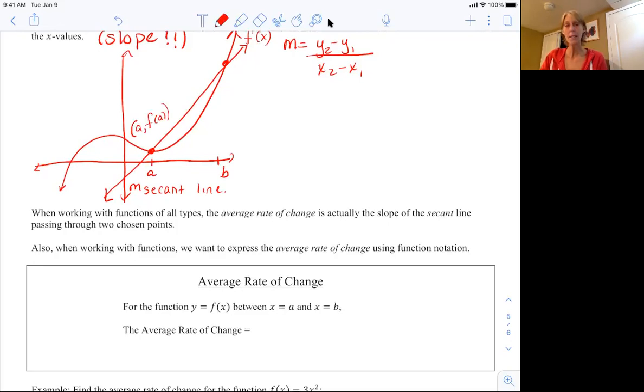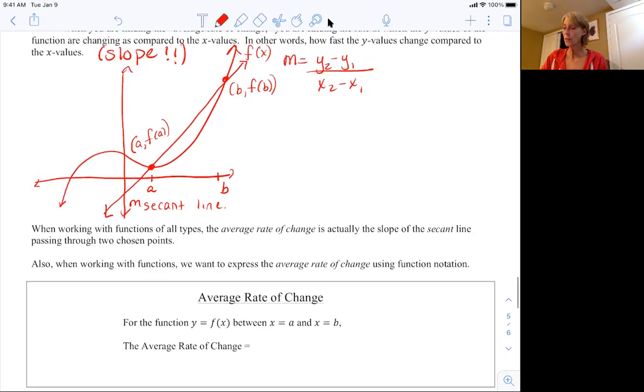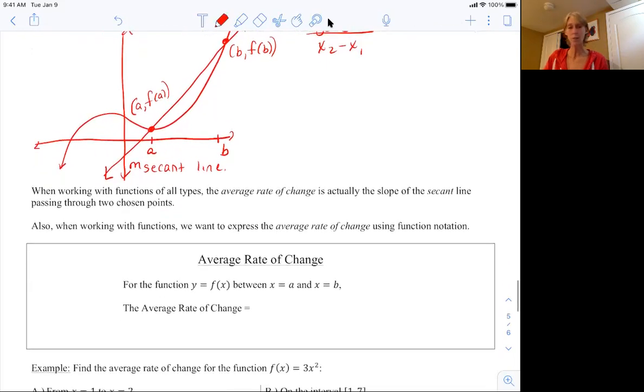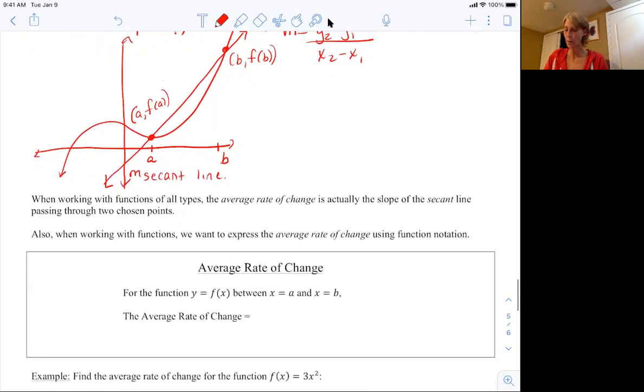And if b is my second x value, my y value is going to be expressed as f of b. So if we rewrite our slope formula using these two points instead, our average rate of change formula becomes, remember, it's just the slope of a secant line.